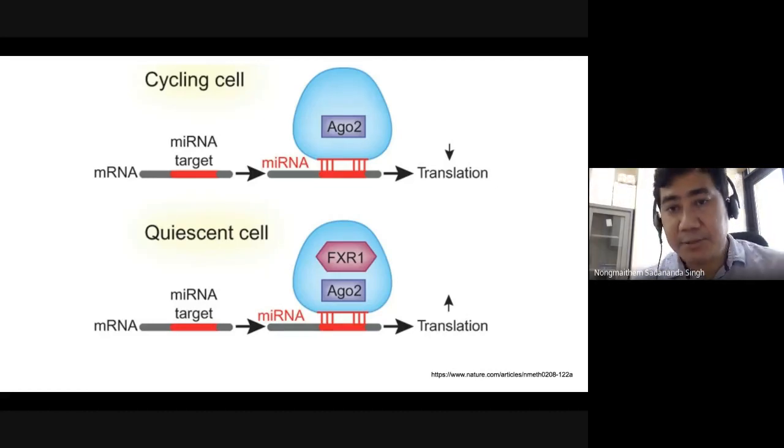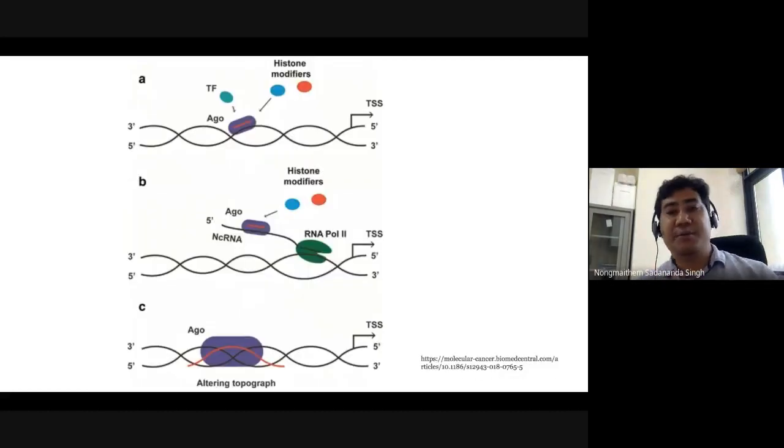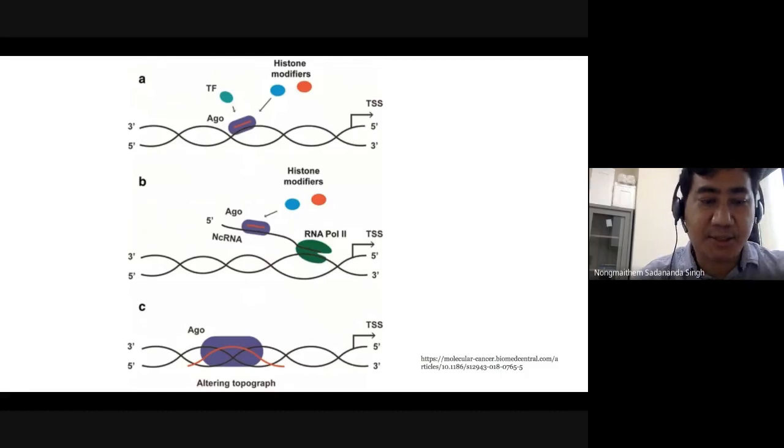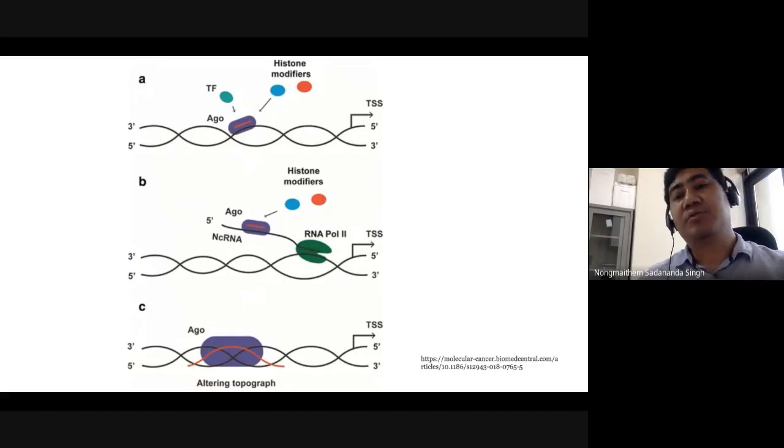Another way, the microRNA is not only involved in mRNA stability, but it can also be involved in changing the transcriptional state of a certain gene. MicroRNAs have been observed in the nucleus, and are known to change the transcriptional status of a gene.